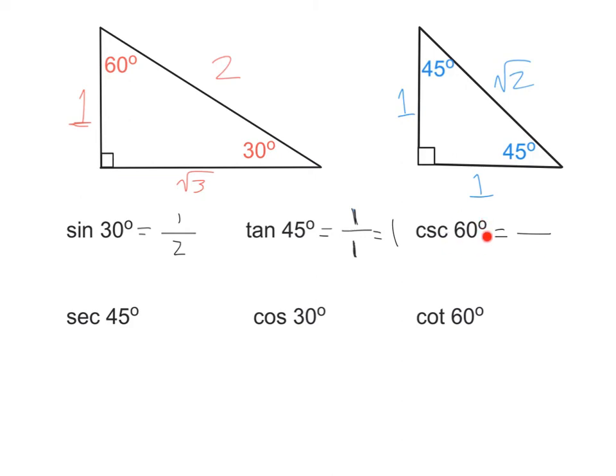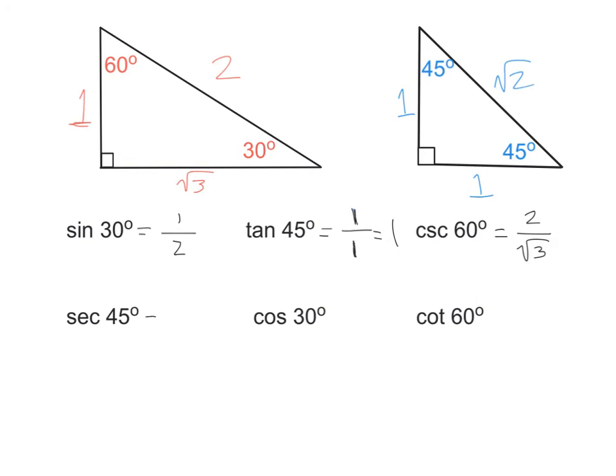All right, so the hypotenuse in this 30, 60, 90 triangle is 2, and the opposite side of the 60 degree angle, here 60, the opposite side is root 3. So 2 over root 3. Some of you might have learned in the past about rationalizing the denominator, which means leaving our denominator without a square root. You do not have to worry about that. We're going to leave these just as they are.